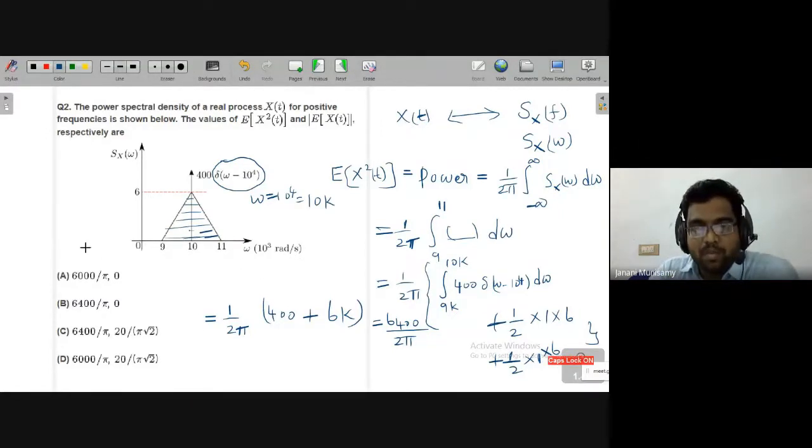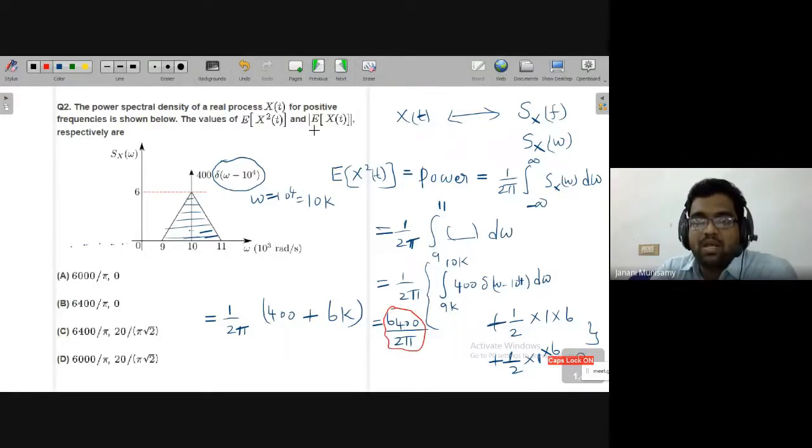Mostly this may be the problem with the negative frequencies also, because whenever the spectrum is defined in the positive frequency, it has to be defined in the negative frequency also. Okay, I will clarify this doubt in the later class. I am getting this answer.